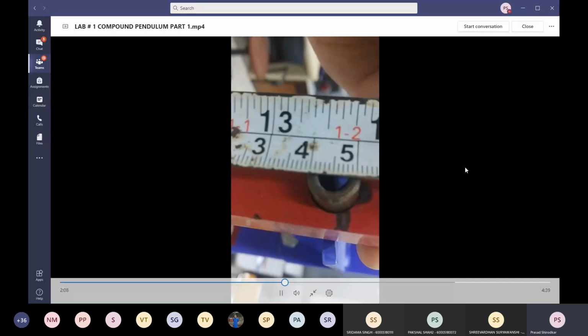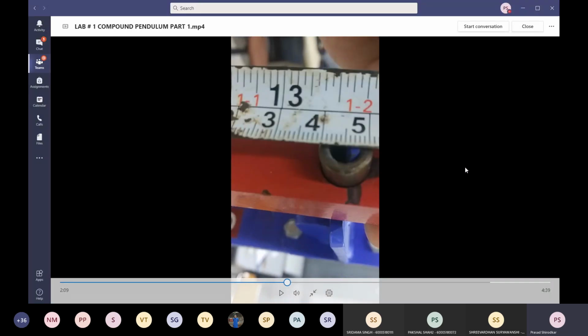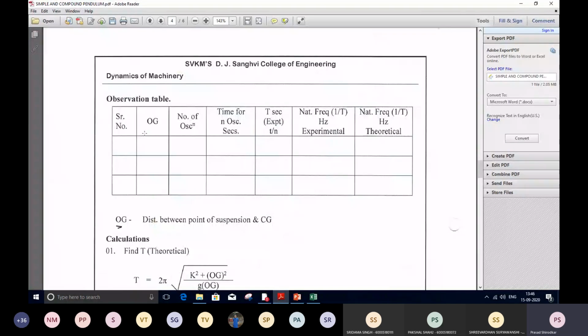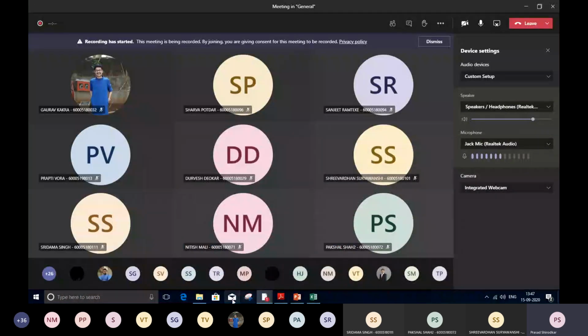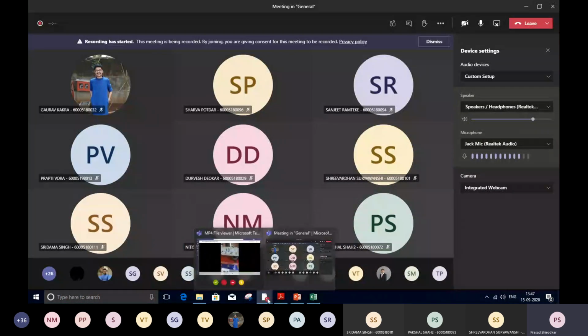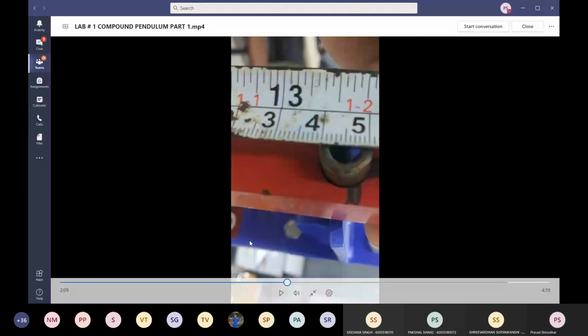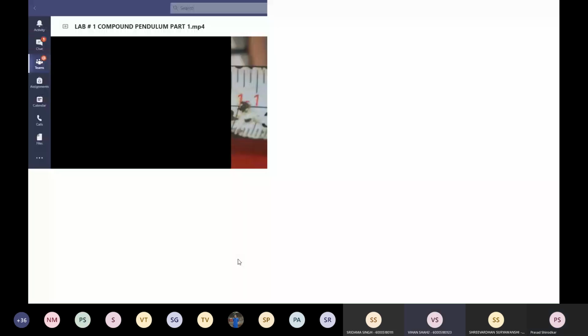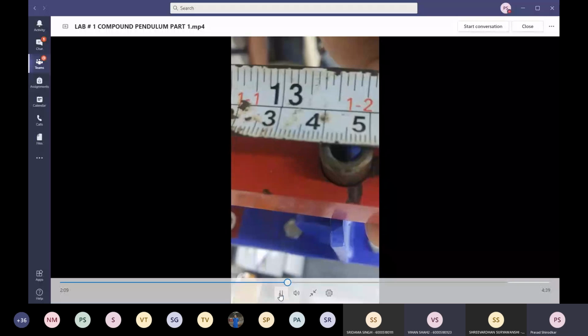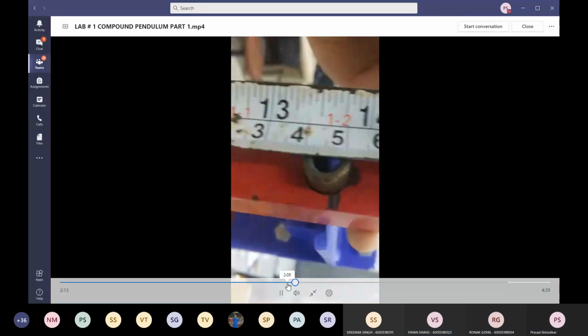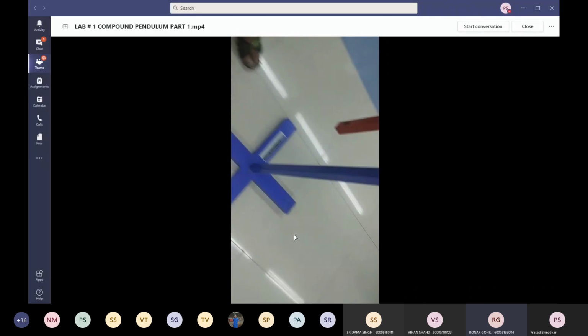Okay. So this is your first reading. For the first reading, go to your observation table. In this, for serial number 1, OG is whatever was mentioned in the video. So make a note of that. Or was it lagging? Can you show it again? The video is lagging, sir.